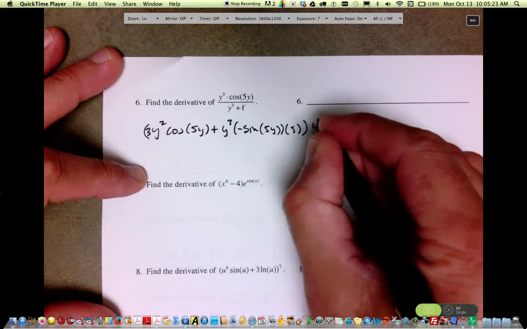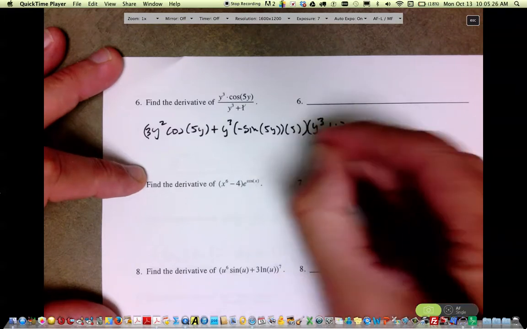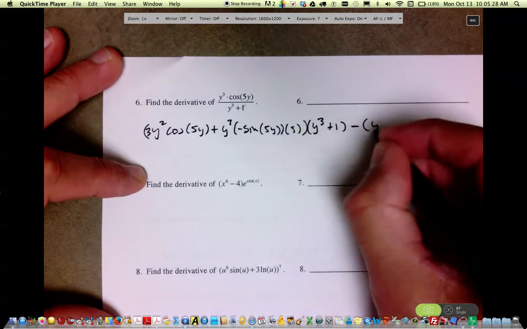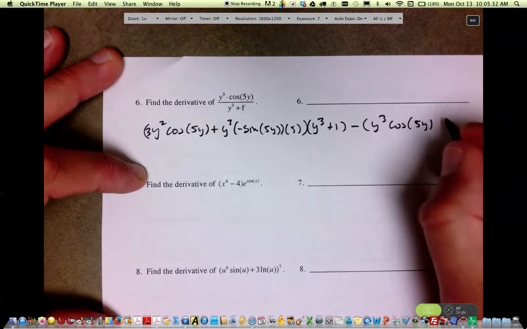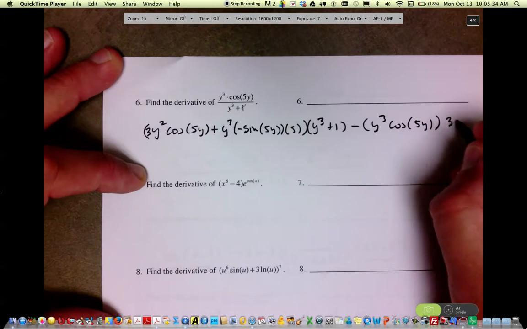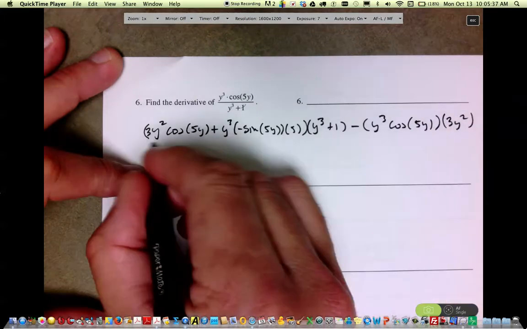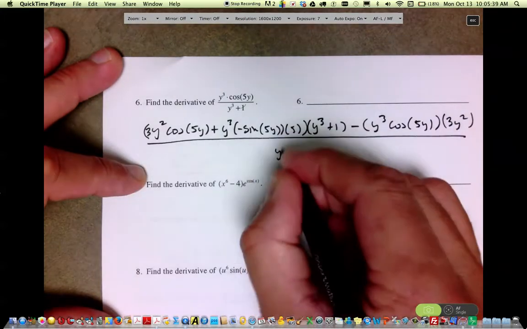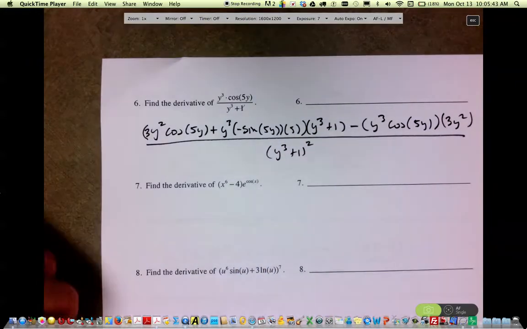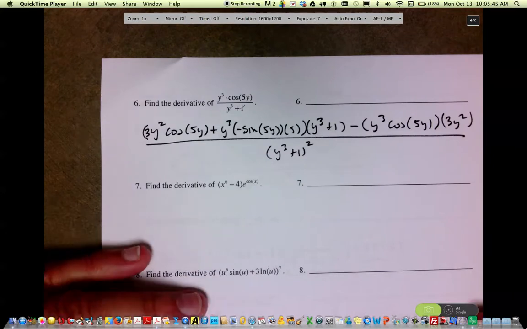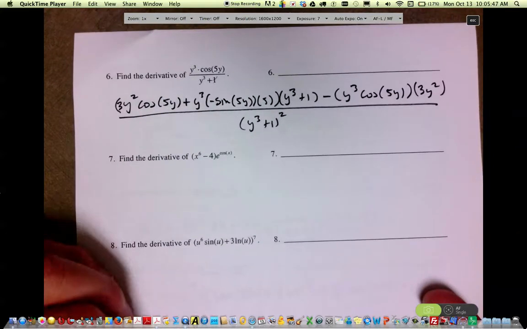We multiply that by the denominator, and we subtract the numerator times the derivative of the denominator, and then divide all of that by y to the third plus 1 squared. Alright, so that one is quite involved.